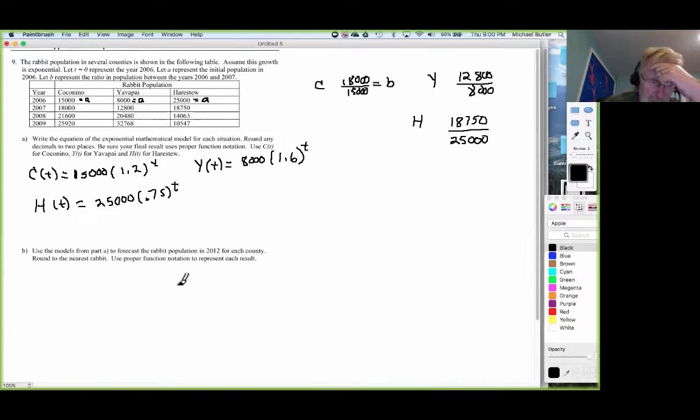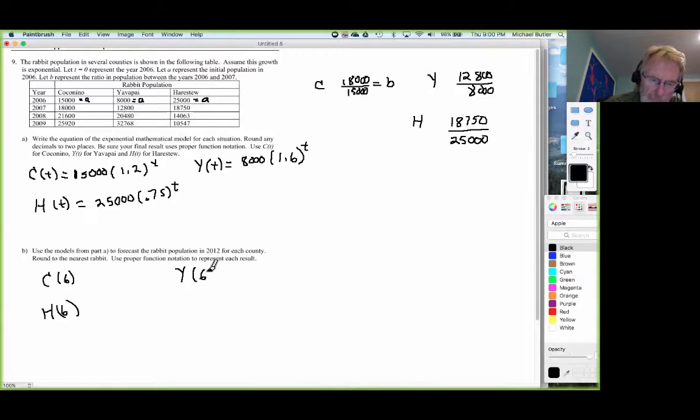So using the models in Part A, forecast the rabbit population in 2012 for each county, round to the nearest rabbit, and use proper function notation to represent each result. So 2012 would be 6 years into the future, right? So you're going to do C of 6, H of 6, and Y of 6.